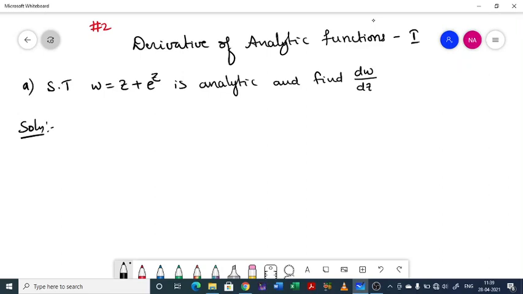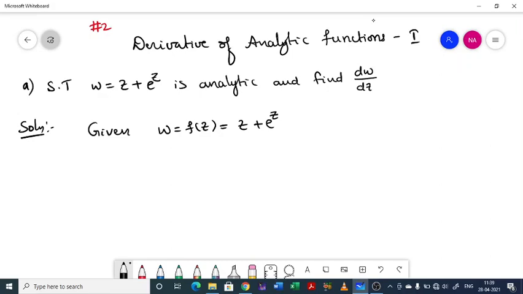See, w means f of z, right? Given w equal to f of z equal to z plus e power z. Here it is not given like x plus iy or r e power i theta. So we have to choose whether Cartesian form is suitable or polar form.